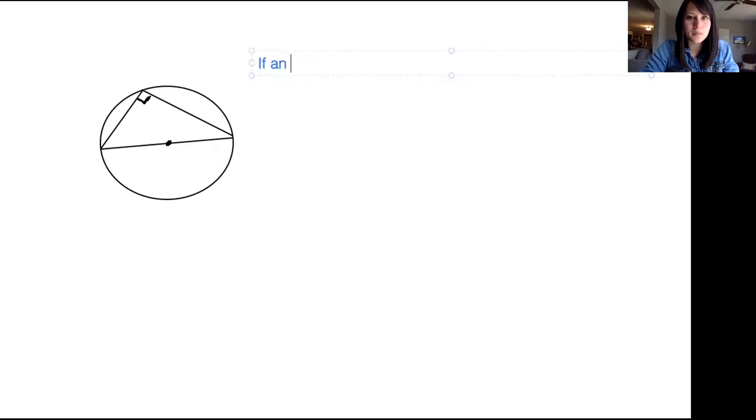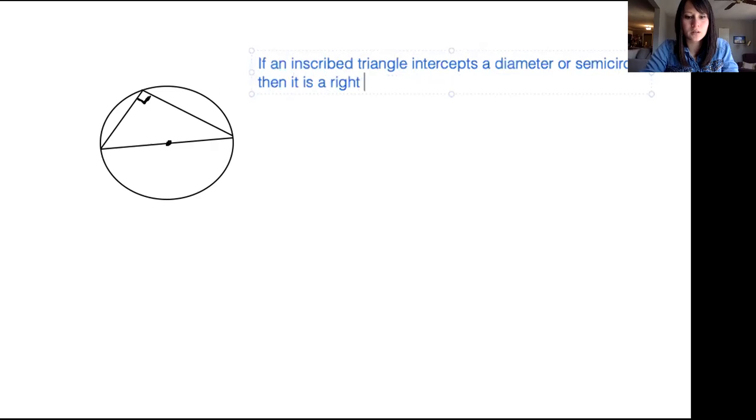If an inscribed triangle intercepts a diameter or semicircle, then it is a right triangle.